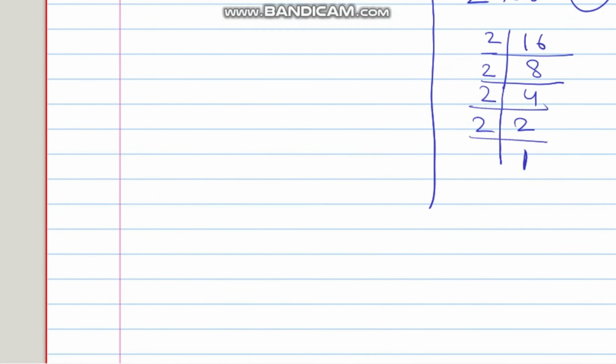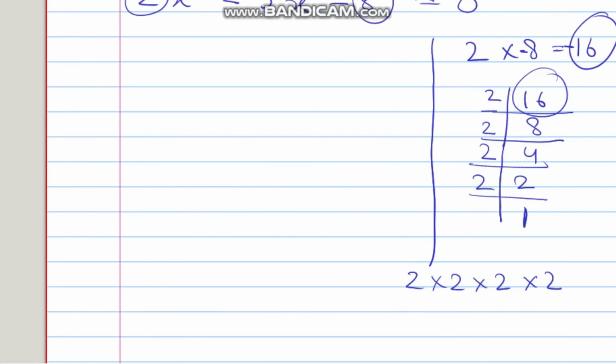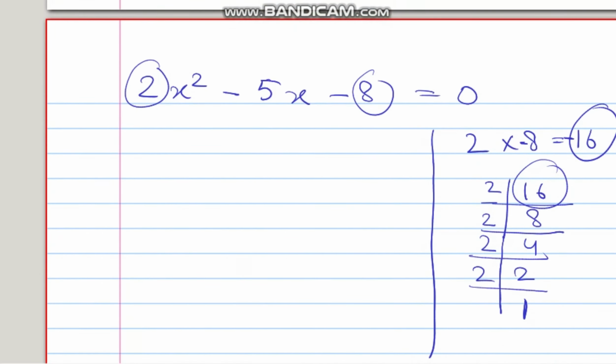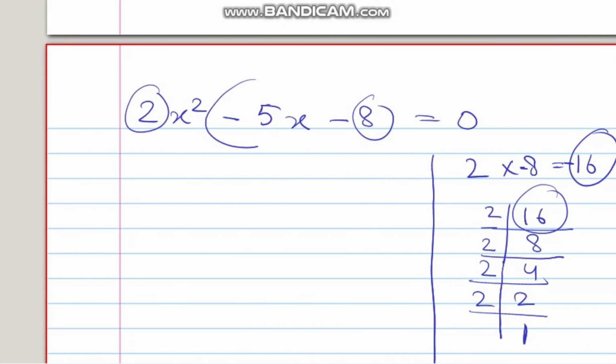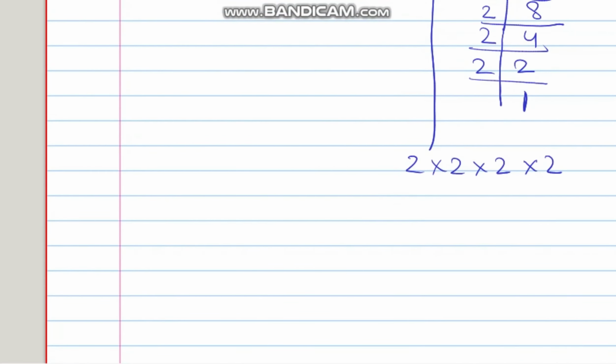But when we see this factorization of 16, it is 2 multiplied by 2 multiplied by 2 multiplied by 2. Let me write it here. So basically none of any pair is formed, and we are in trouble. Here is minus 5, and we cannot make any pair from here.